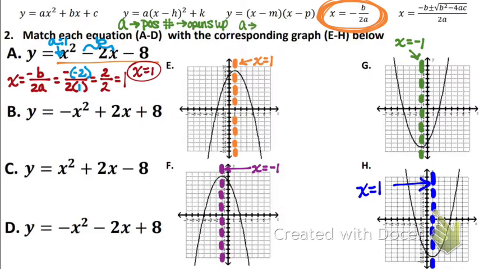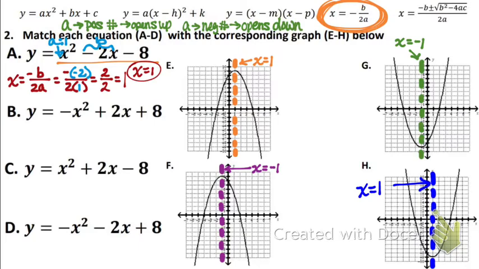If A is a negative number, then it opens down. A was a positive here, so it opens up.